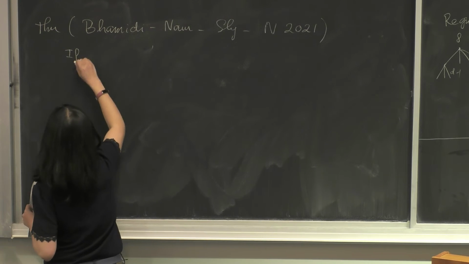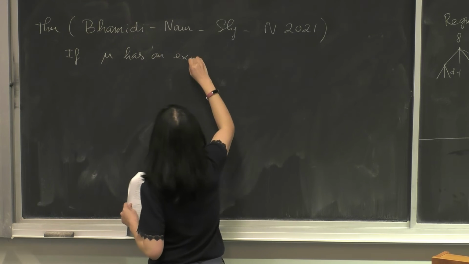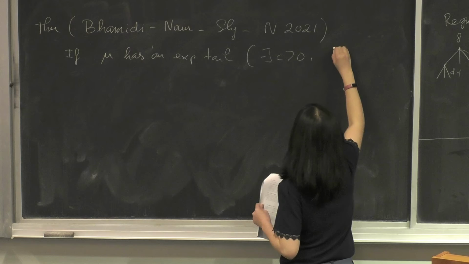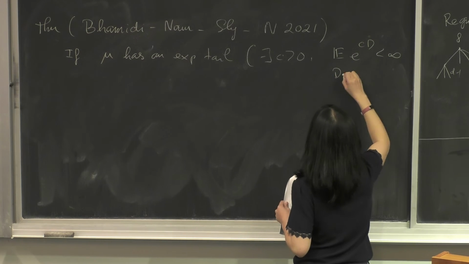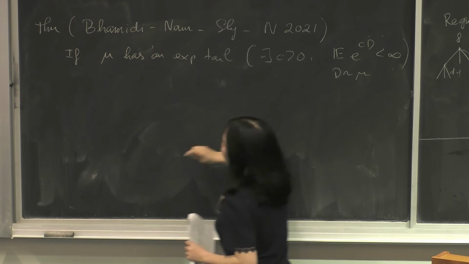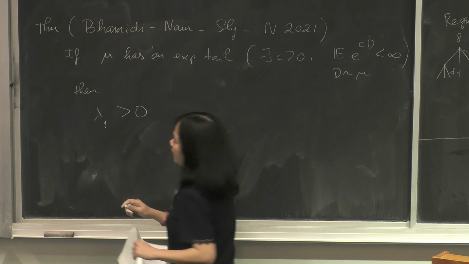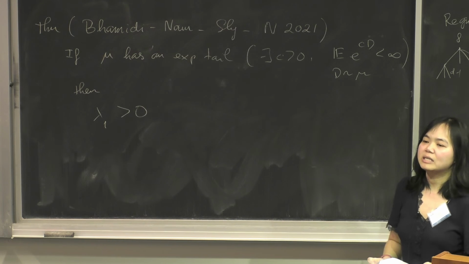So if mu has an exponential tail, and that means there is a constant c such that the expectation of e to the cD is finite, where D is distributed according to mu, then lambda 1 is larger than 0. It means that if you take lambda to be sufficiently small, the process dies out.